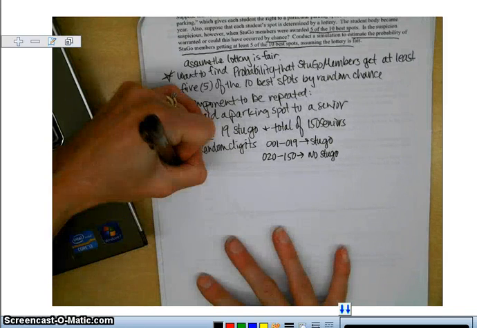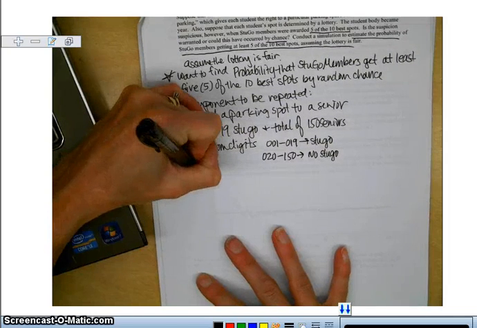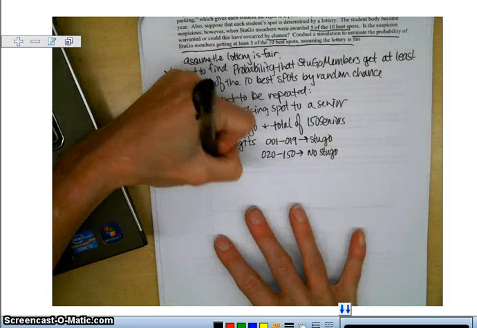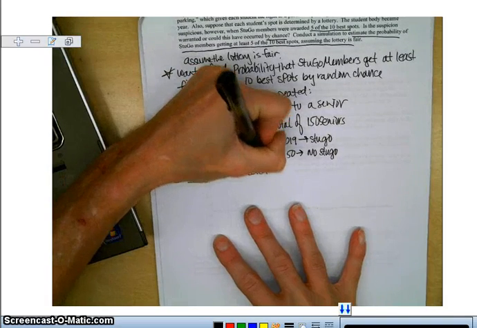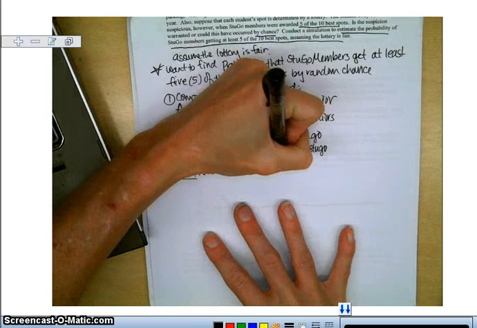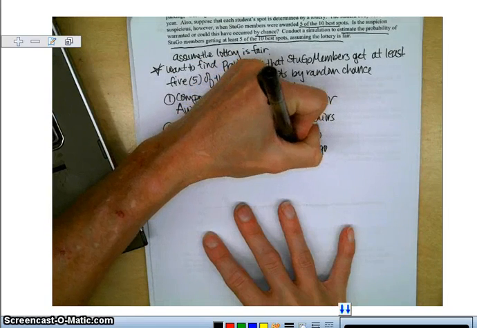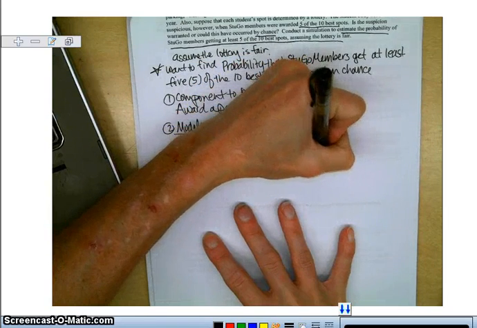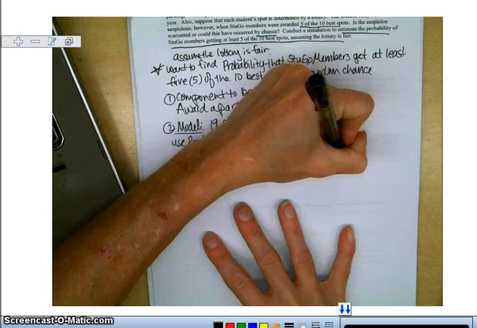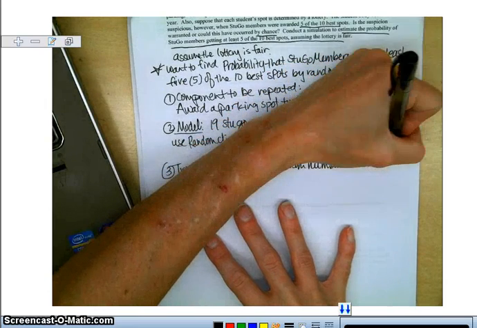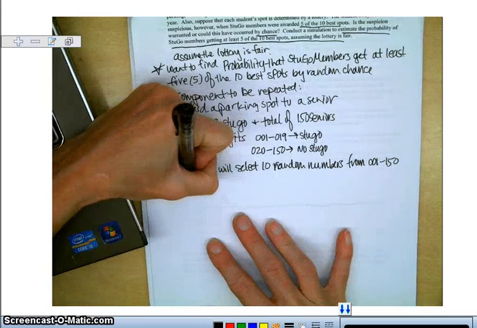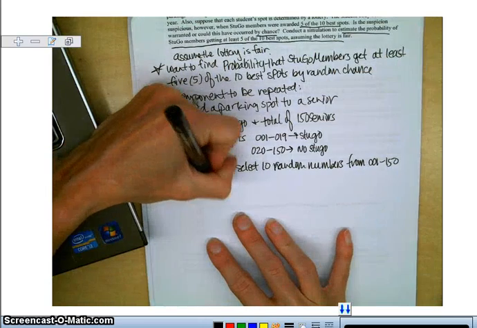So 3, how do I model a trial? Okay, we will select 10 random numbers from 1 to 150 without replacement.